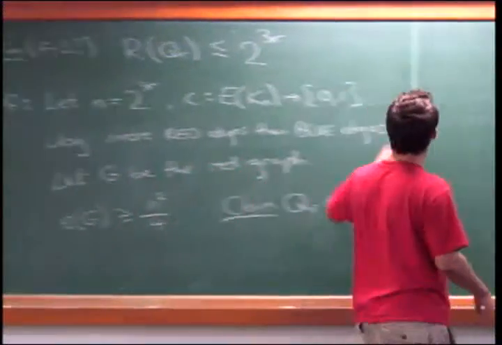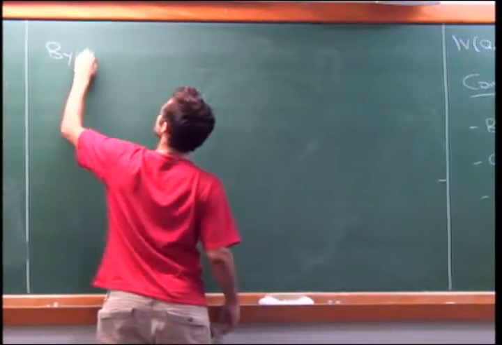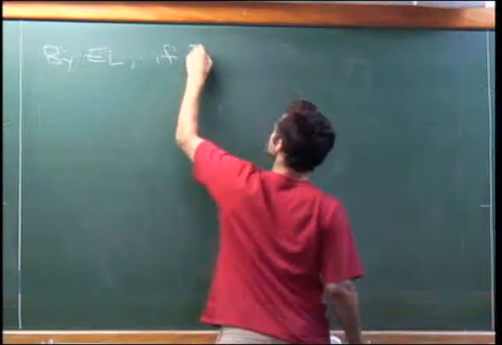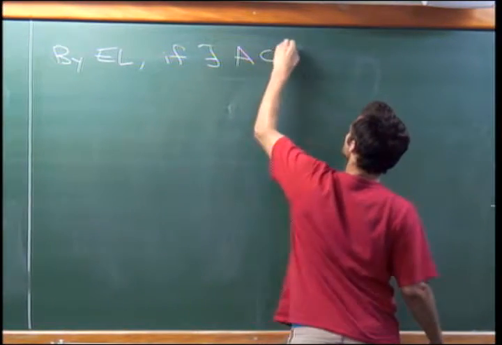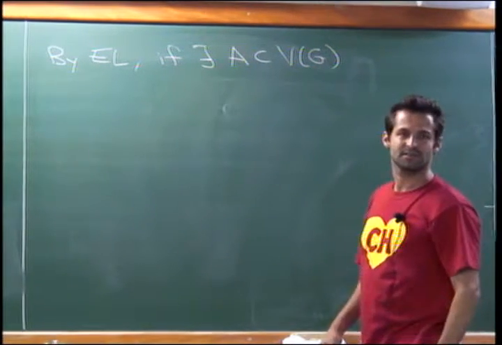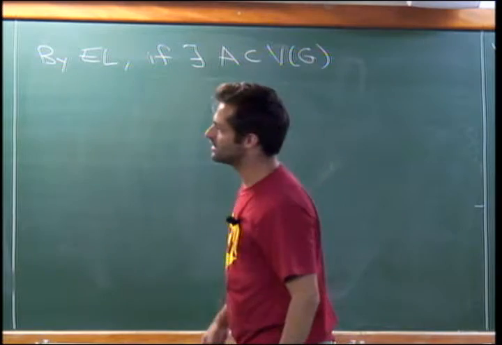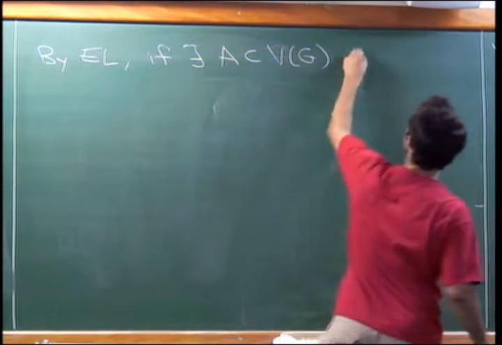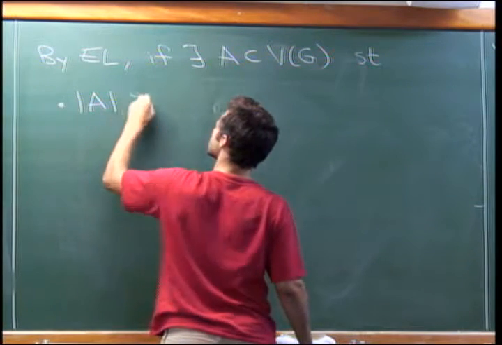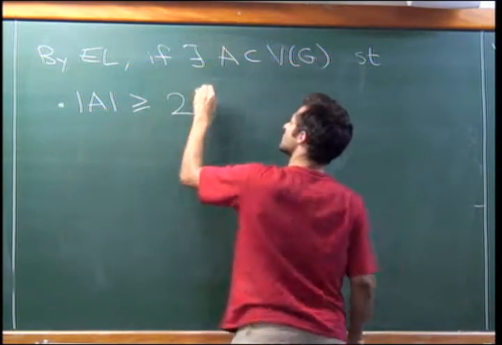By the embedding lemma, if there exists a set A in the vertices of G such that the size of A is at least 2 to the R.